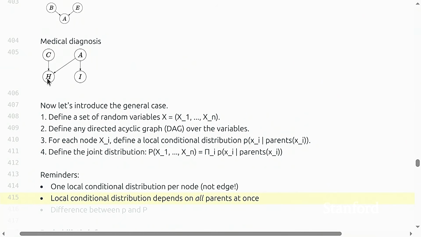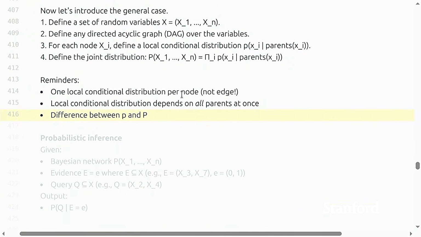And don't write down the probability of H given C times the probability of H given A. That's incorrect. You have to tie the parents together. In the literature, they call this the parents being married, if that's a helpful way to think about it. And then finally, know the difference between local distributions and the joint distribution.